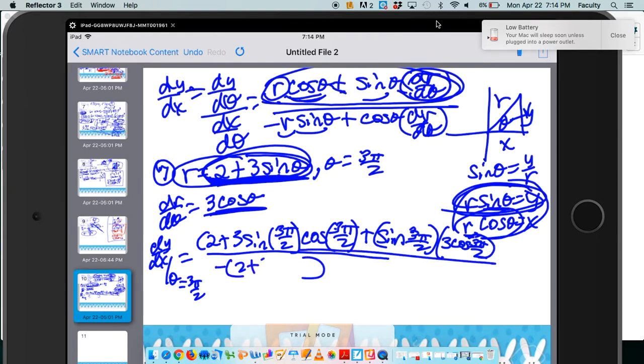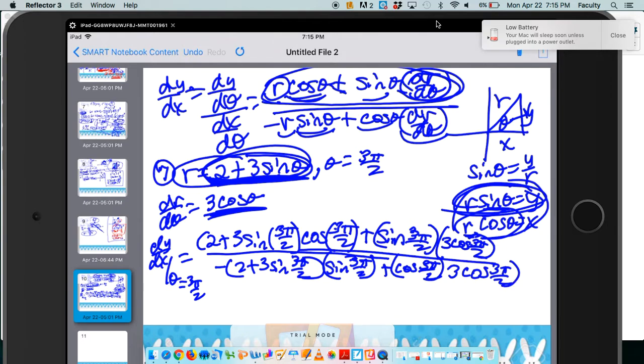R is 2 plus 3 sine theta. Sine theta, sine 3 pi over 2, plus cosine theta, cosine 3 pi over 2, times dr d theta, which is 3 cosine of 3 pi over 2.